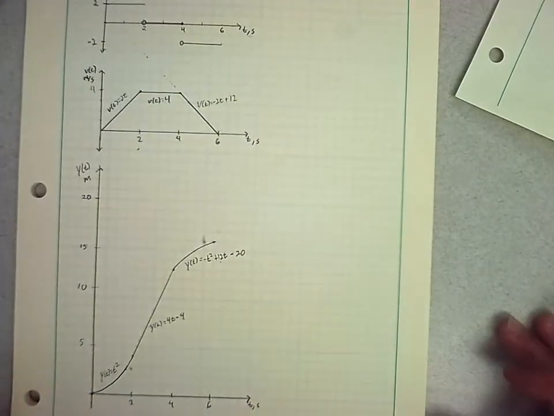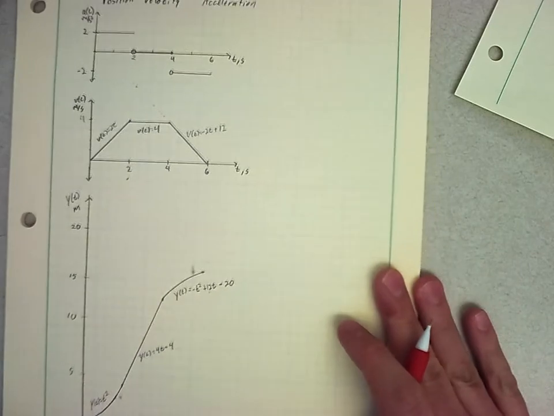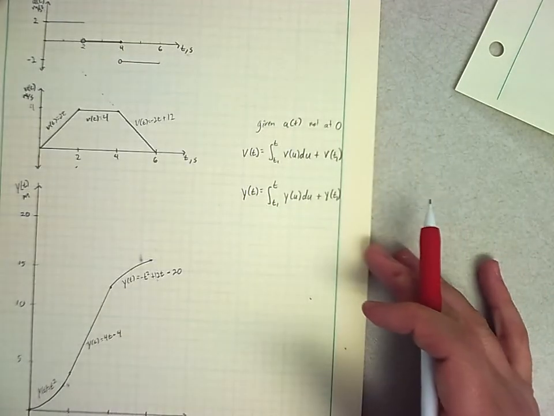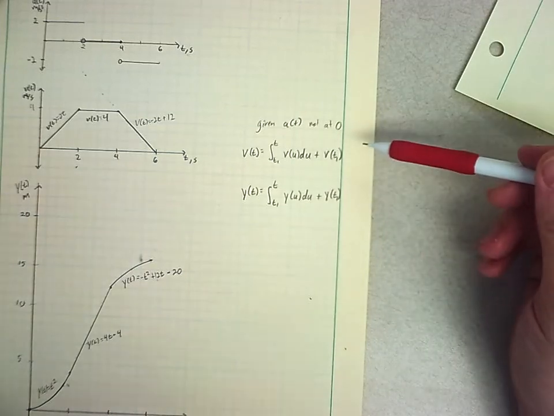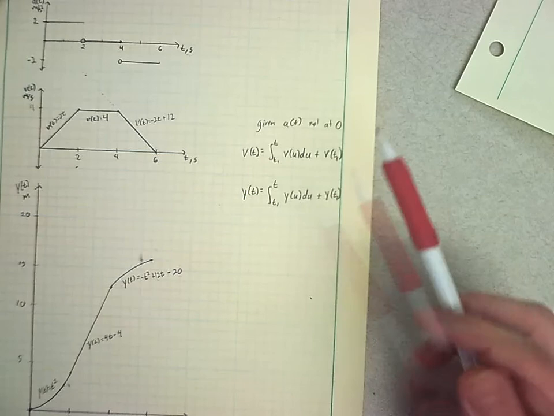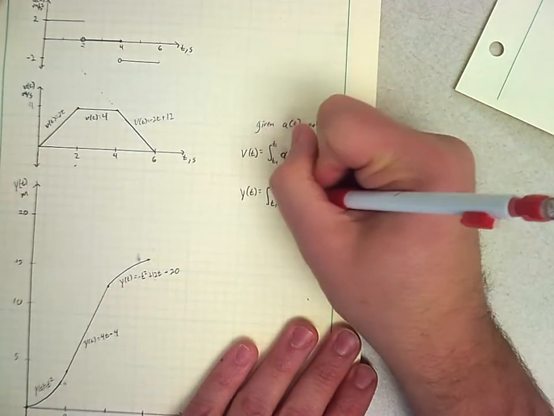So the key points we learned on this one, case 3, where we had to get things, are these. The key thing we learned was that if we're not starting at an acceleration of 0, you can't integrate something with respect to itself.